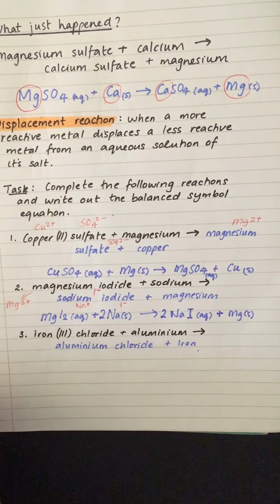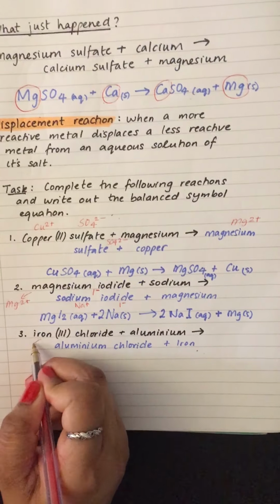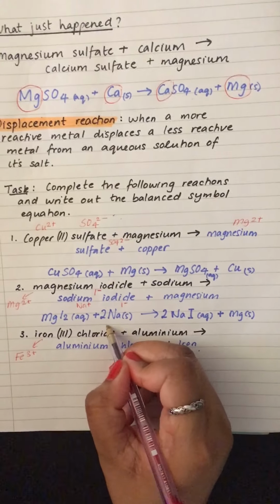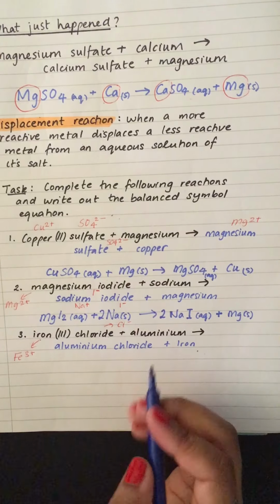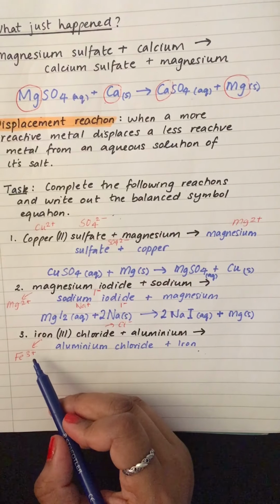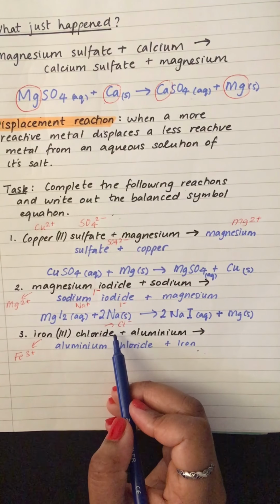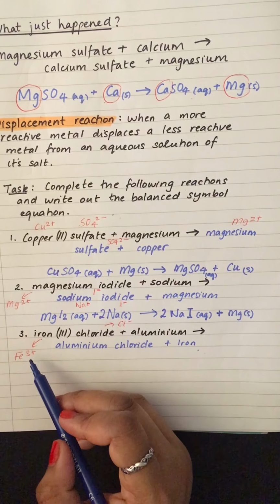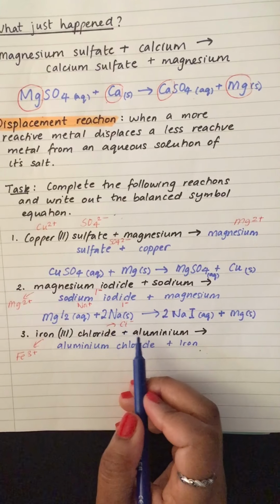Let's do the last one. We've got iron 3 chloride. So my iron has a charge of 3+. My chlorine always has a -1 charge. So for every 1 iron ion, I need 3 chlorine ions.